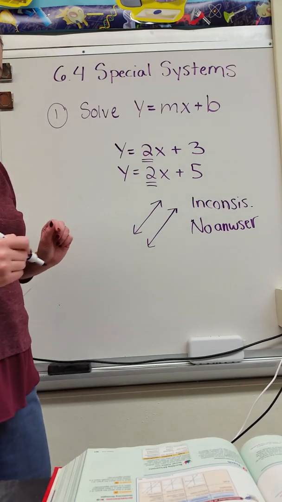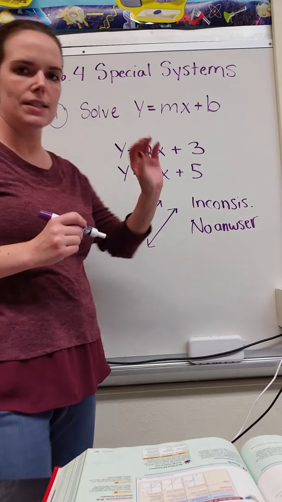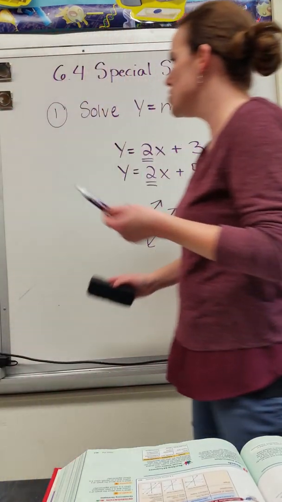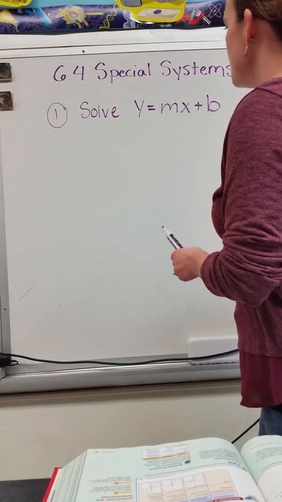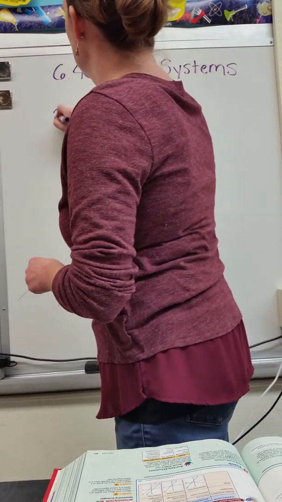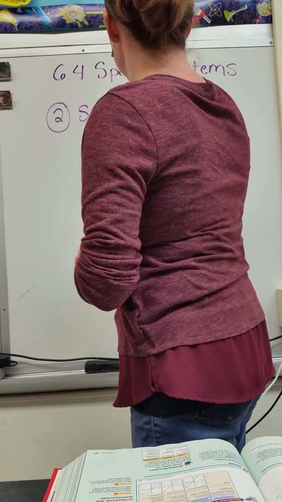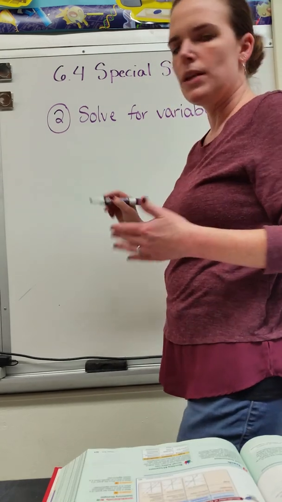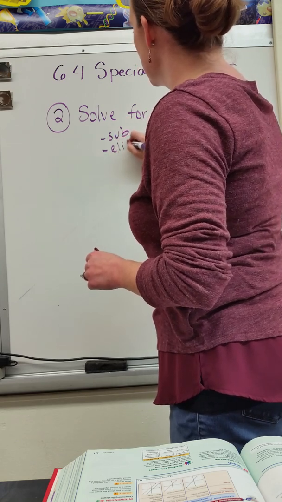The other way to figure out if you have a consistent or inconsistent system is just to do your normal solving. So your second way is to solve for variables using any of the methods we learned. You can do that by substitution, you could do it by elimination.